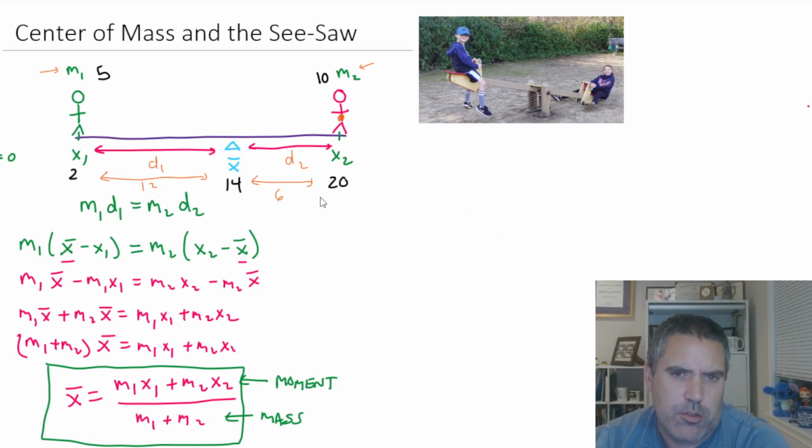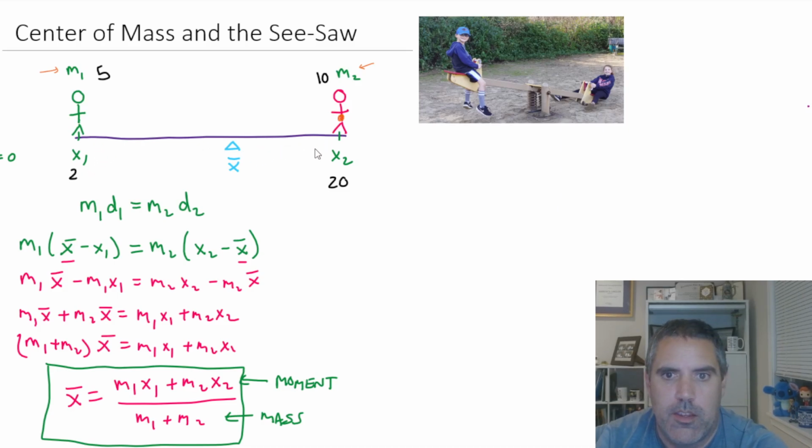The reason I show that is that everything stems from it, even if we're going to do center of mass for more things. Here is how you can jump it up a level. Imagine now a third person steps onto the seesaw. When we add more people, we use inductive reasoning: assume now we have one giant person standing there, and the mass of that giant person is m1 plus m2.